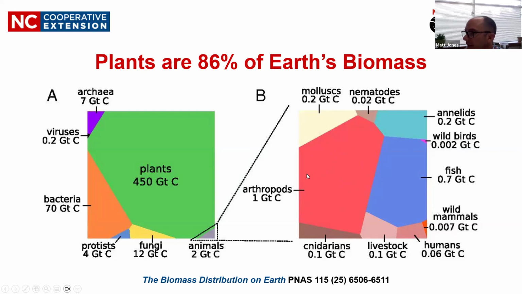The majority of animals on Earth are insects, and carbon is inside insects. To a lesser extent, things like mollusks, nematodes, cnidarians, which are jellyfish. Within the vertebrates, most animals on the planet are fish. And then look at what's left here.